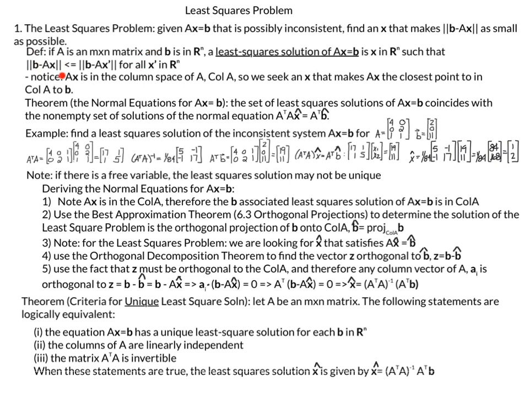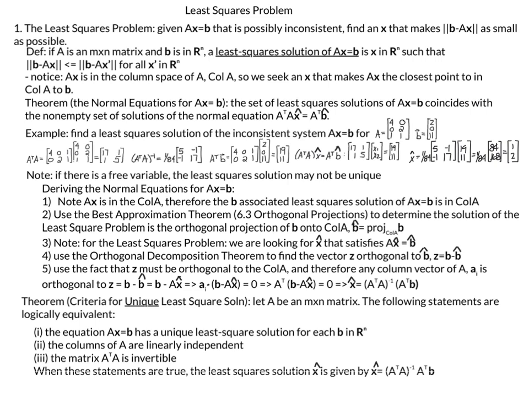In other words, it's the x that minimizes ‖b − Ax‖. We also want to notice that Ax is a linear combination of the columns of A, so it's in the column space of A. We are seeking an x that makes Ax the closest point in the column space of A to b.